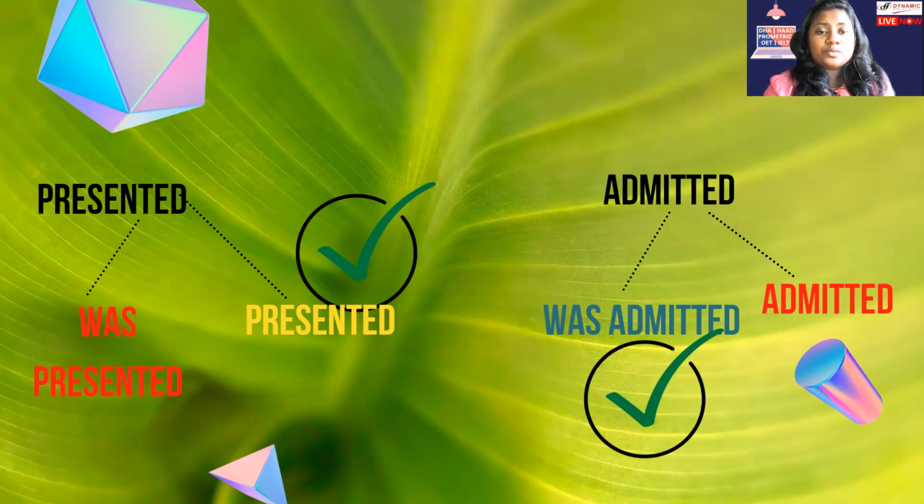So if you want to find out the difference, you have to understand what is active voice and what is passive voice. Active voice means you are giving importance to the one who does the action. We already said in our first part what a subject and a verb are.